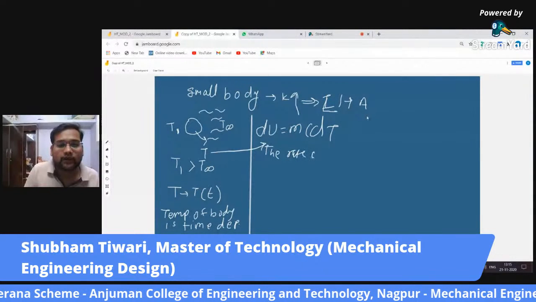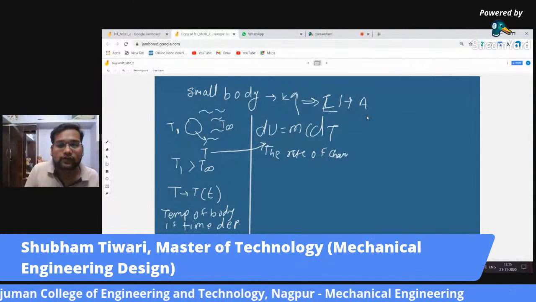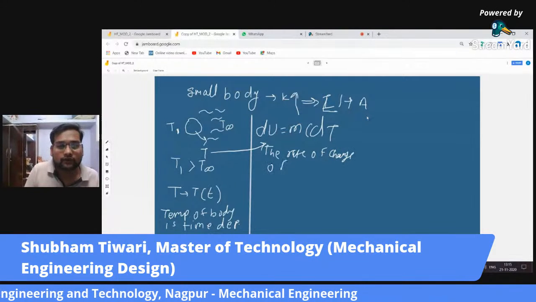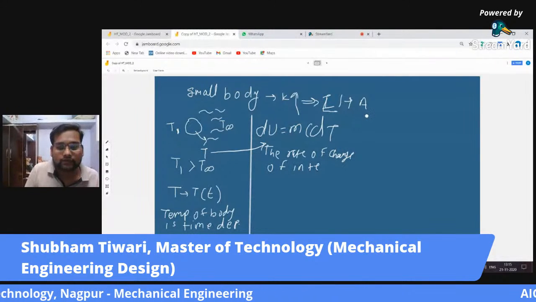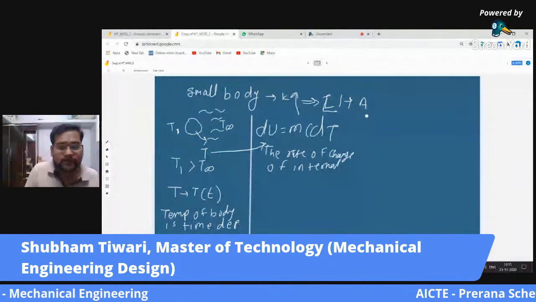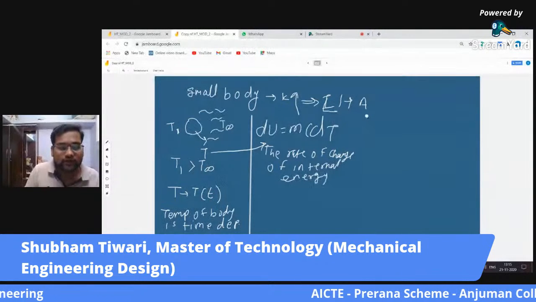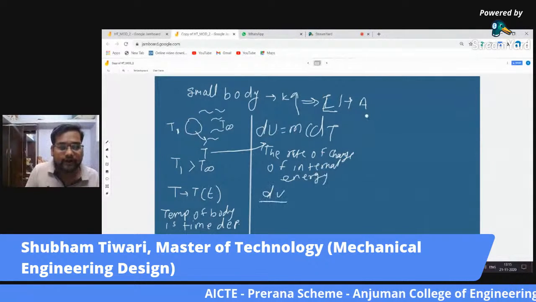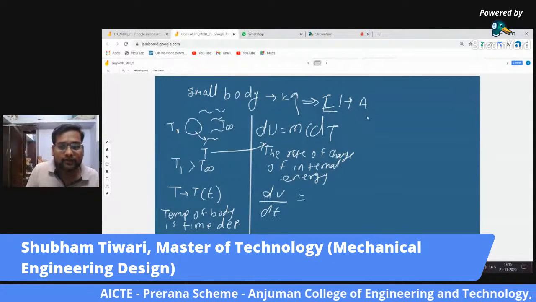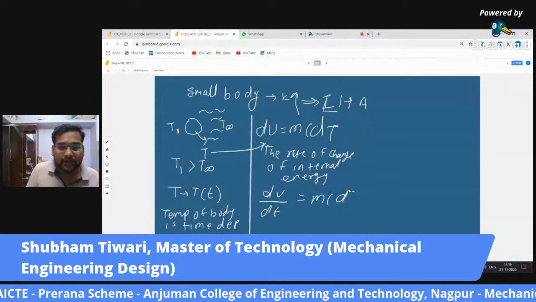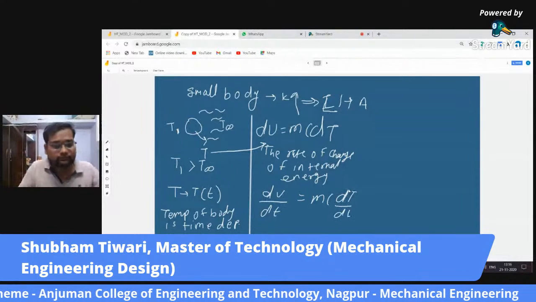The change of internal energy is dU by dt, which is mc dT by dt.